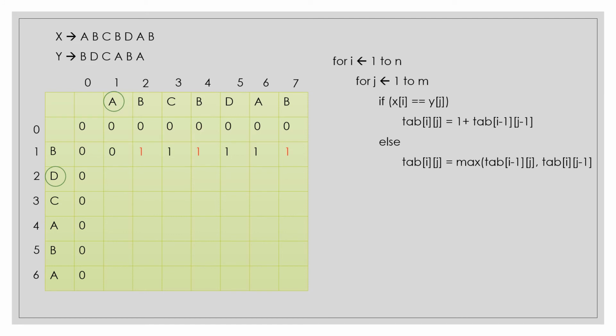So we will do the same steps in all the rows and columns. So let's move ahead faster and complete this whole table. Again, these both are different characters, so taking the maximum of the two adjacent cells, which is 1.